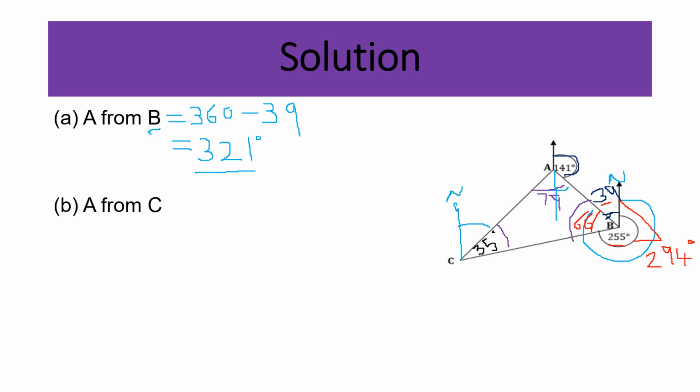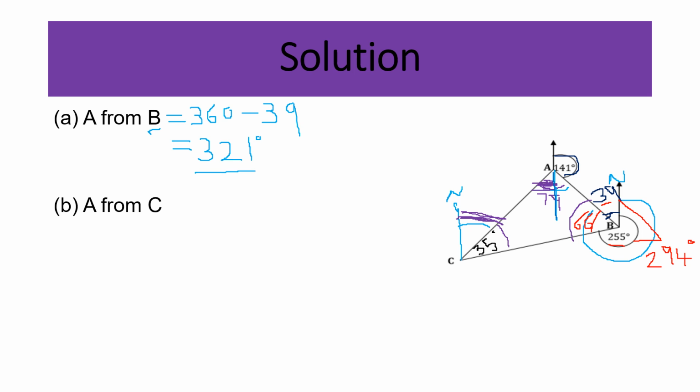So this angle after extending is equal to the angle we are looking for, the bearing of A from C. When you find this same angle at A, it means you have found the bearing of A from C. So in short, we have 79 here, and we have a straight line which we have extended, and the angles on a straight line make up 180.